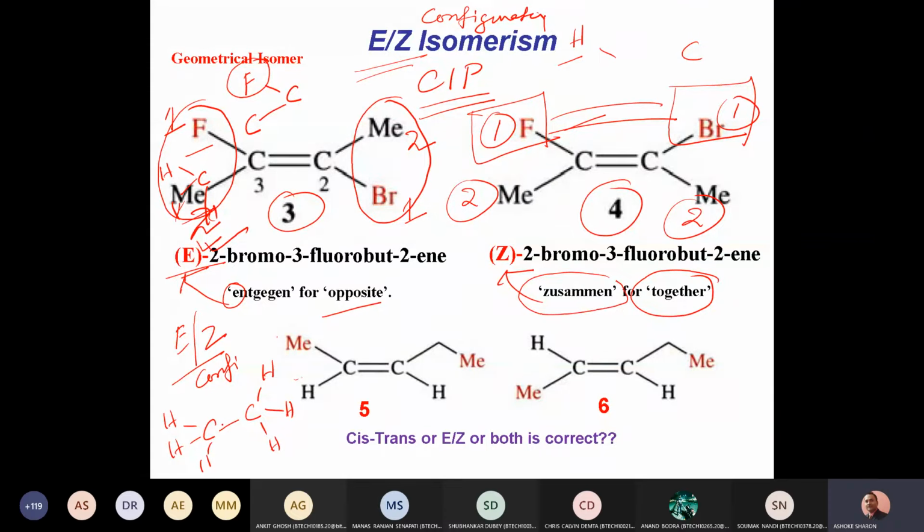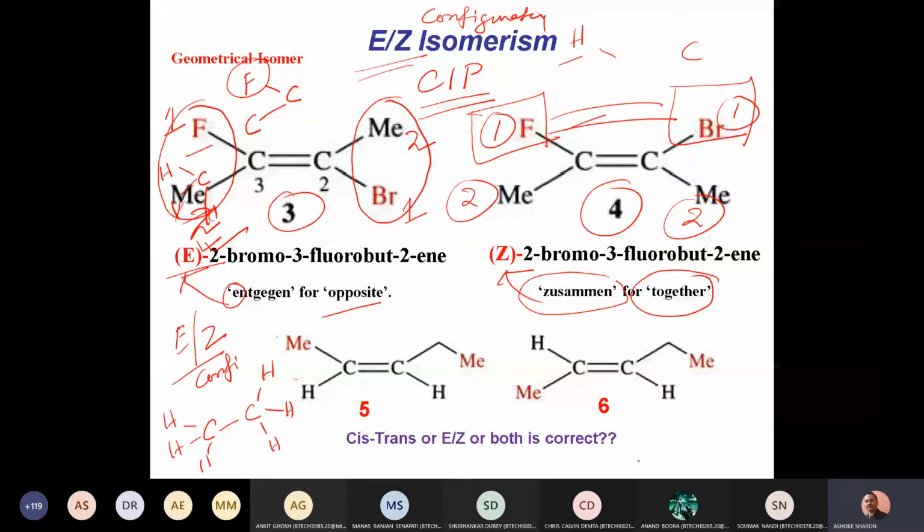No, 5 and 6: 5 you can call either cis or you can call Z. So if you say cis, then it is fine. If you say Z, then also it is fine. In the case of 6 also, you can call it trans or you can call it E. Both are fine. I am only saying that in some cases E and Z is more appropriate.